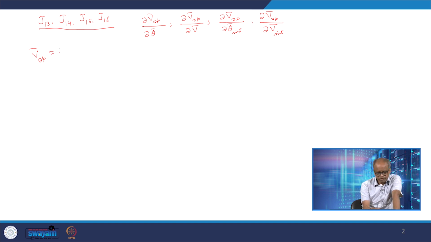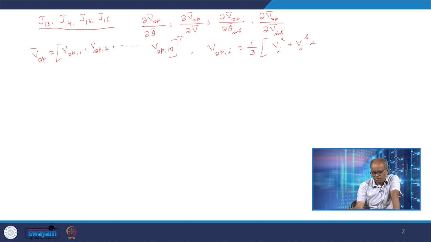So, what is this array V specified? It would be V specified 1, V specified 2, up to V specified M. And V specified I, we already said that it is 1 by 3 of VIA plus VIB plus VIC, that we have already denoted somewhere.